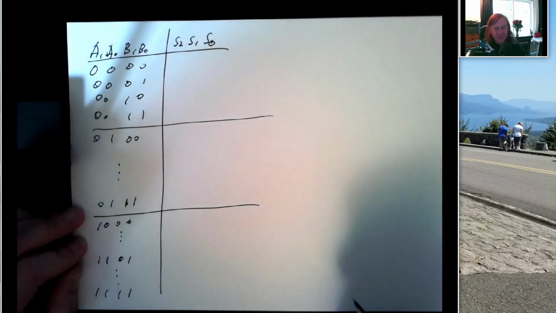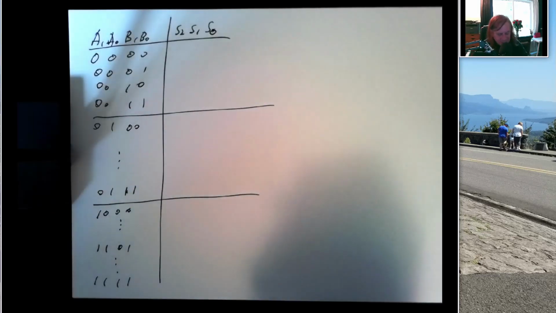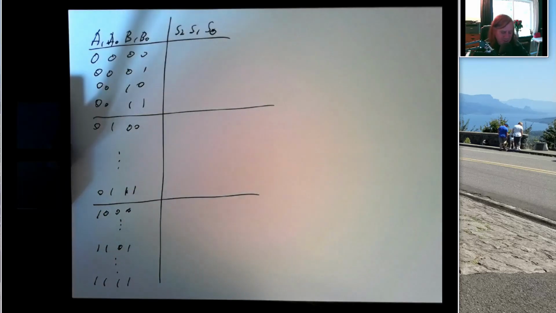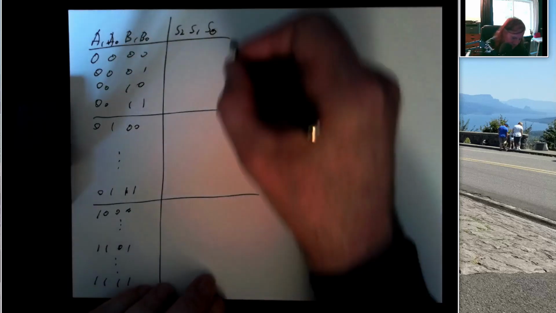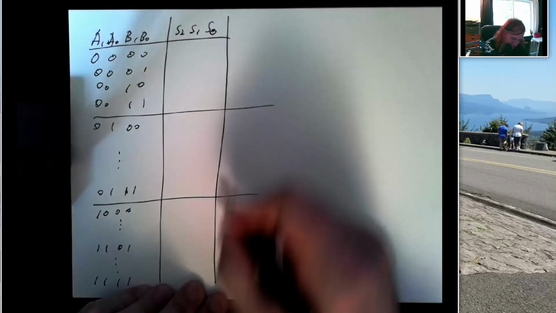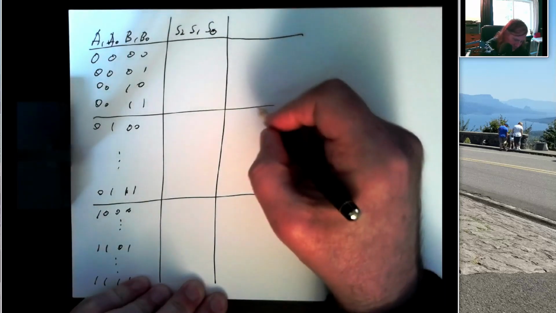And I'm skipping a bunch of values here. Part of your exercises are going to be to create this table on your own. But let's see how we would fill in this table.